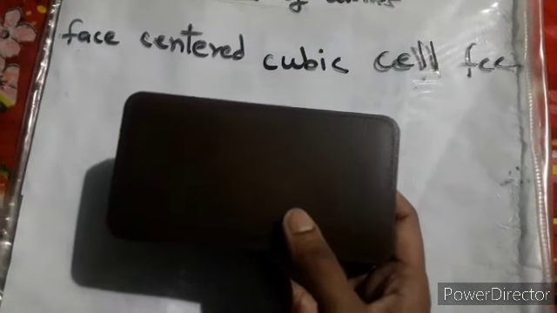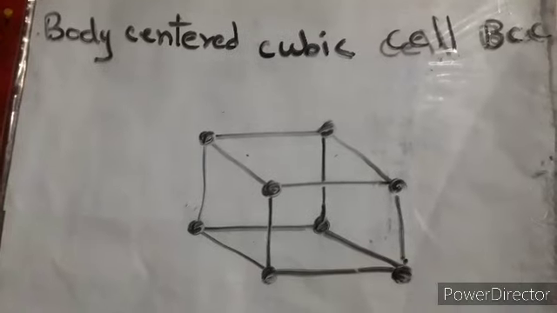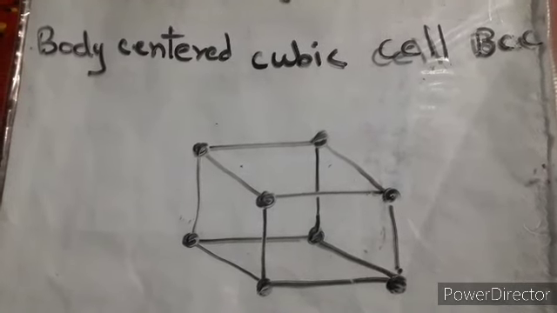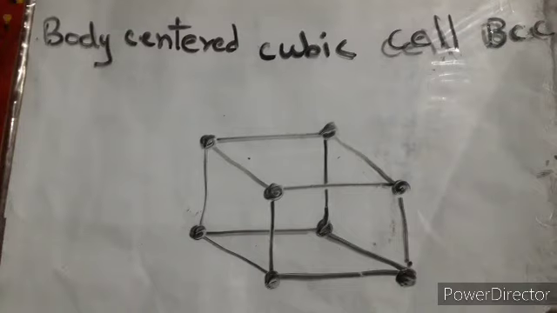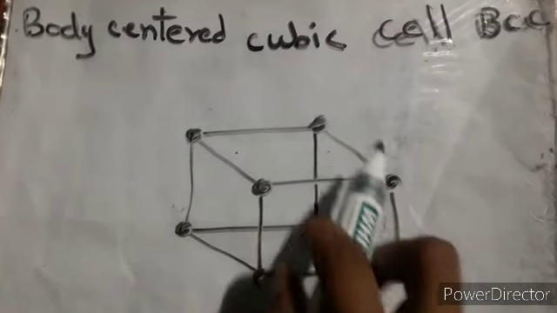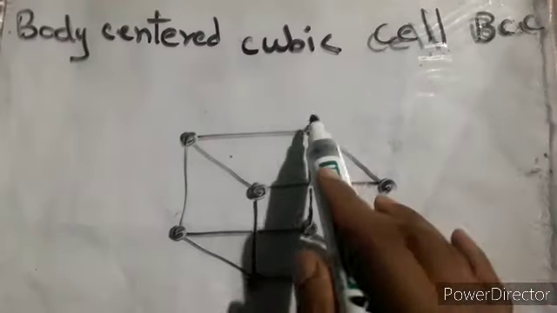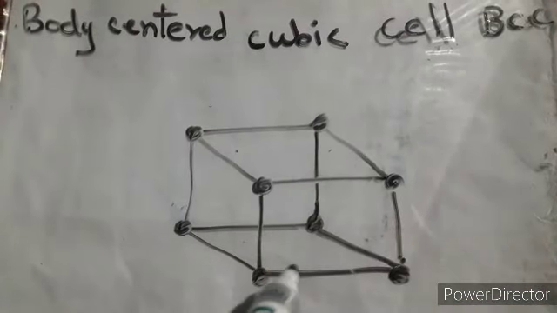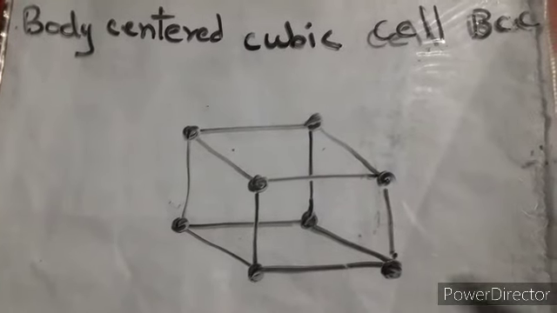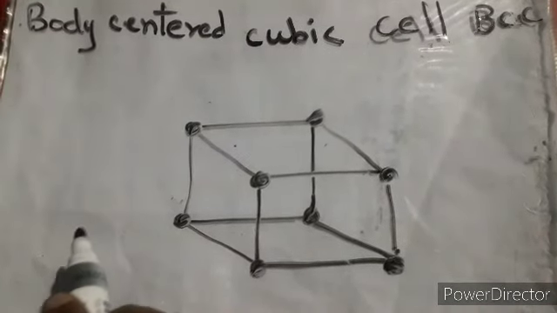Now we have to focus on the third one, that is the body centered cubic cell, which is also known as BCC. I made the structure once again of the simple cubic cell, but the name is written as body. We have seen that the particles were on the 8 corners, and again they may be atom, molecule or ion. Now the name says body, what does it mean?